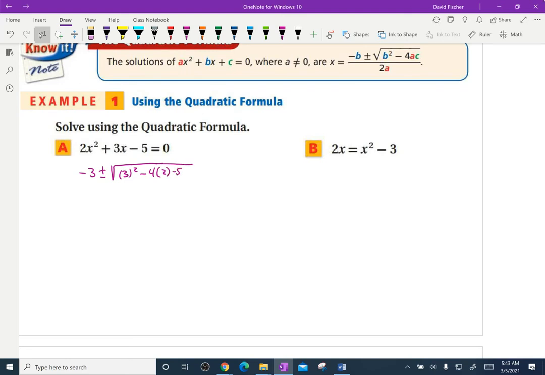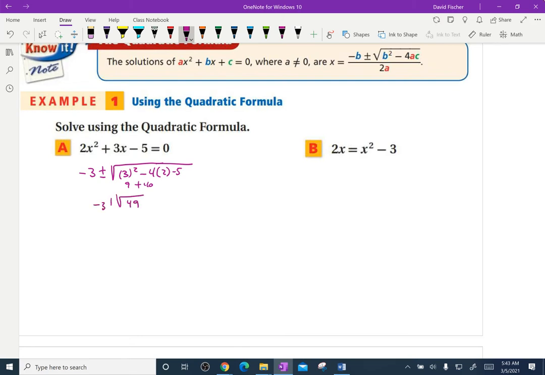Now all that's over 2a, but I'm going to leave some room so that I can do all this work real quick. And I've got to find my calculator. There it is. So I like to do all this underneath the quadratic equation. Well, I know that's 9. We're going to write small today so that we can fit it all in here. We got minus 4 times 2 times negative 5. All that's going to equal positive 40. So underneath my radical sign is really 49.